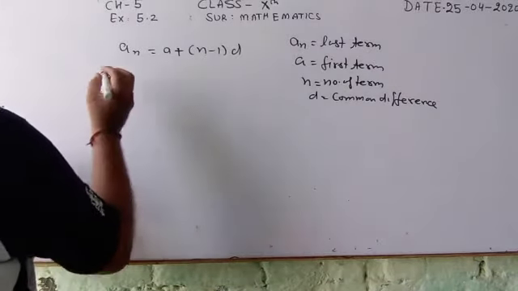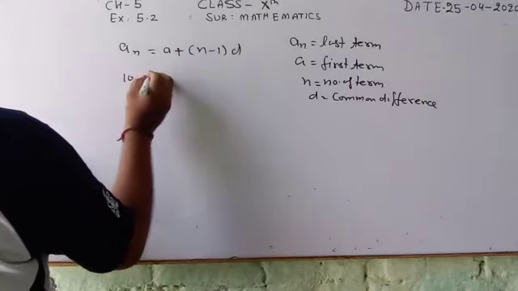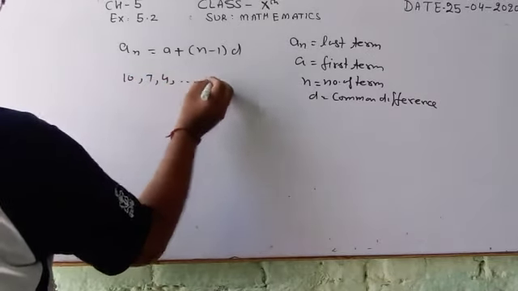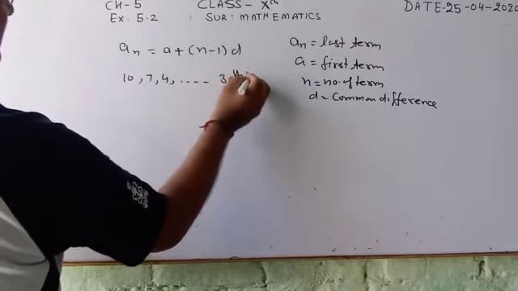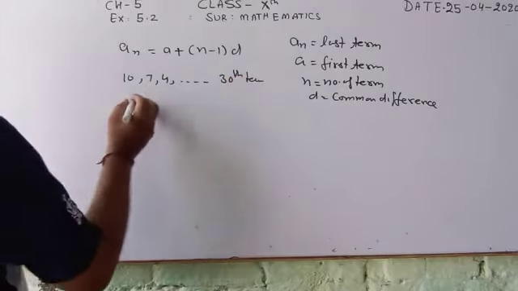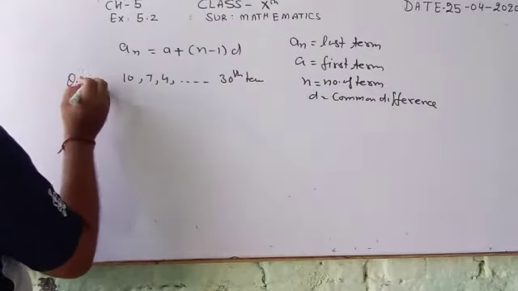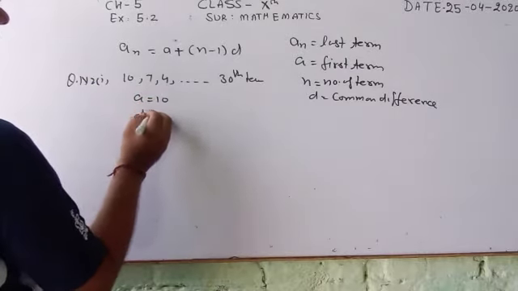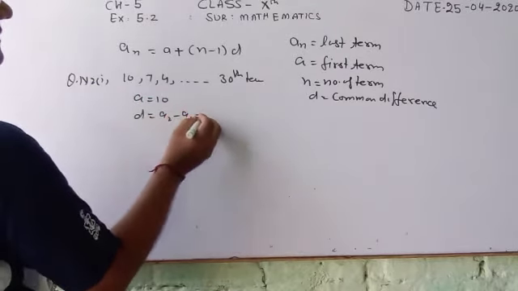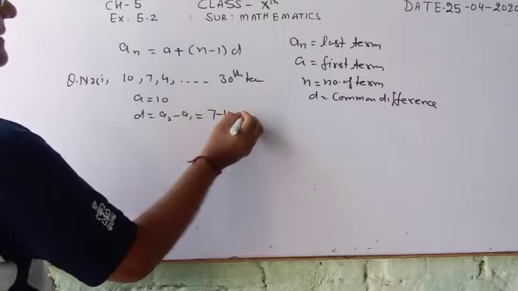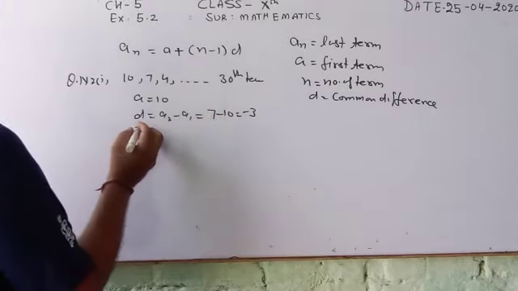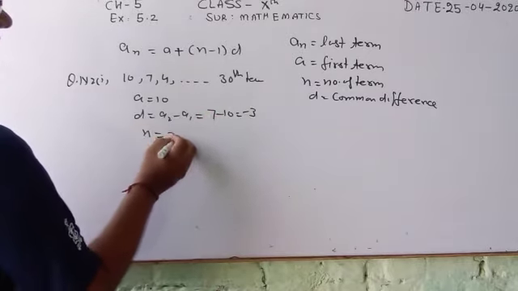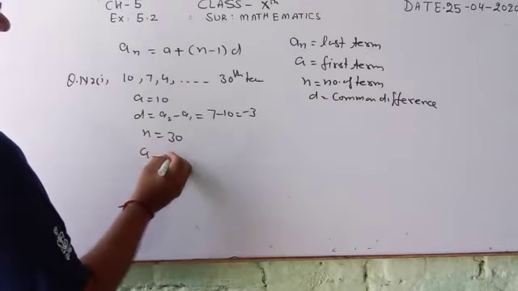We are taking question number 2. Find the 13th term of the AP 10, 7, 4. So a equal to 10, d equal to a2 minus a1, that is 7 minus 10, minus 3, and n equal to 30. So find a_30.